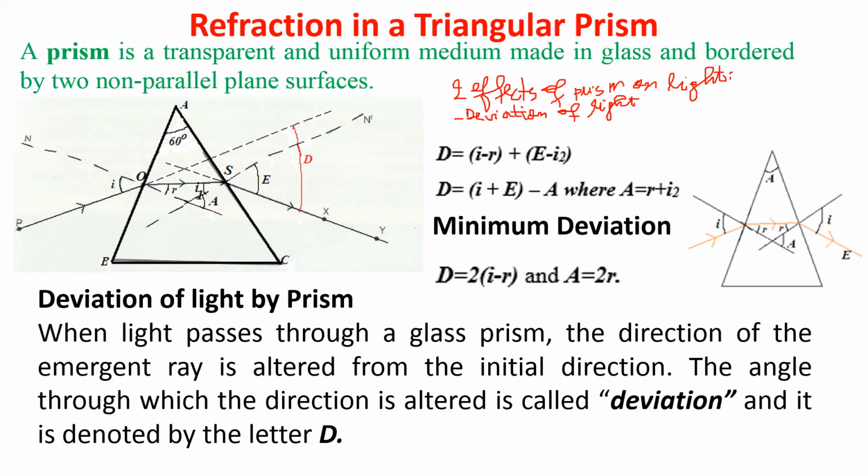The second effect of a glass prism on a light is dispersion of white light. Dispersion of white light means the separation of white light into a spectrum of 7 colors.